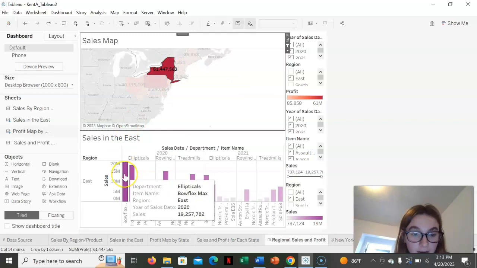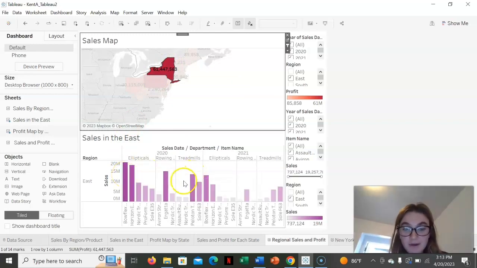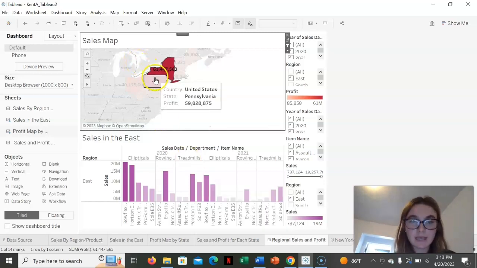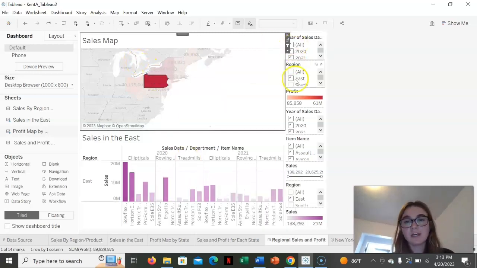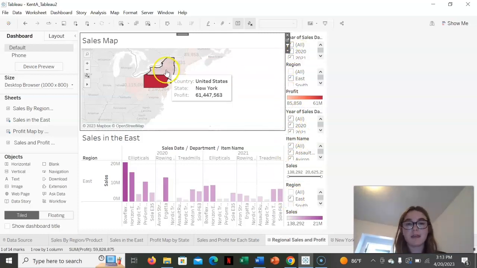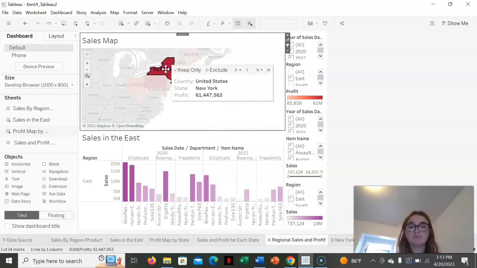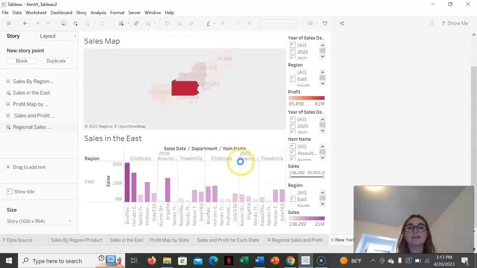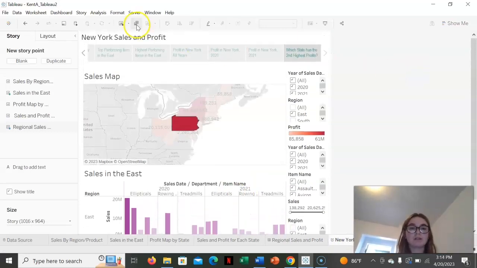So as you look down here, it shows that the Bowflex Max still had the highest amount of sales for both years, 2020 and 2021. So that was what I concluded with this. And you can also click on other states. I highlighted and listed all these different filters just to toy around with it and click on other ones. But New York was one that sparked my interest. And so I decided to create a story dashboard.